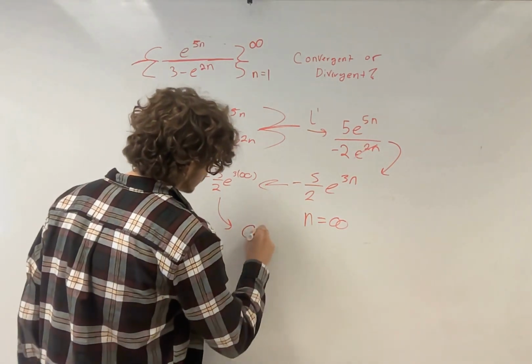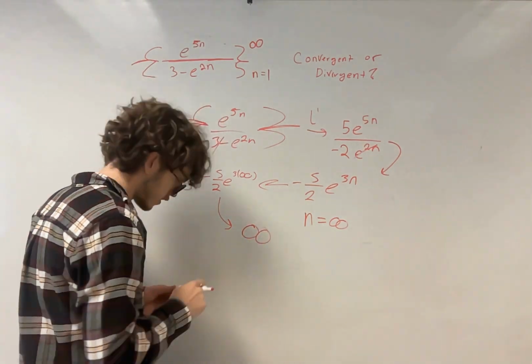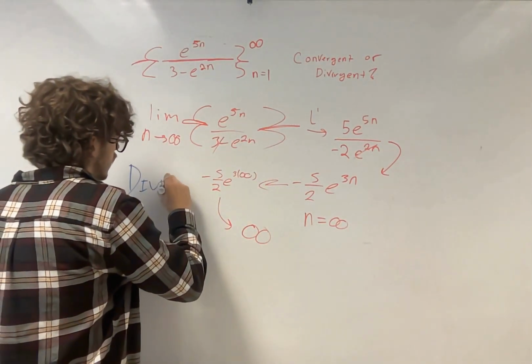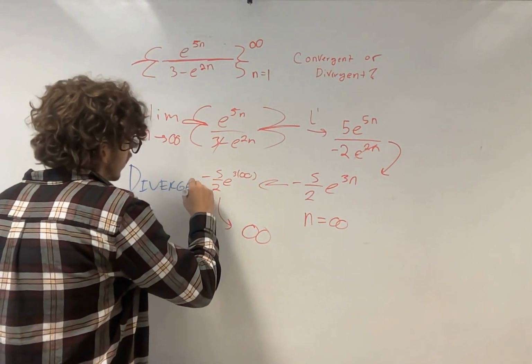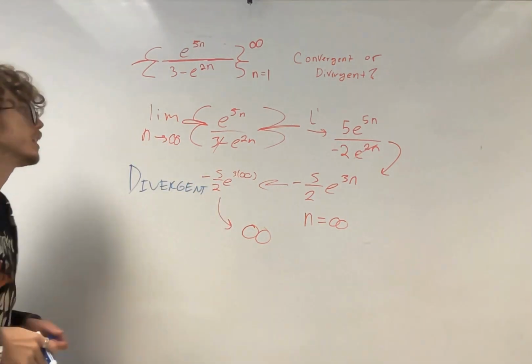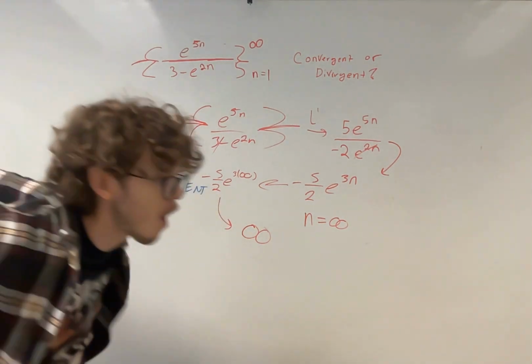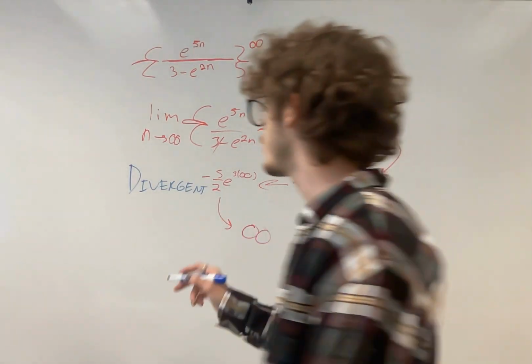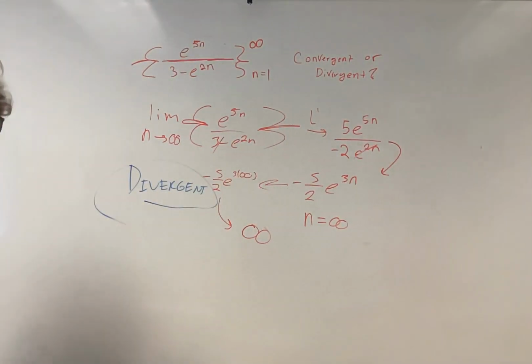So this value is infinity. It's divergent. Our sequence, no matter what we plug in, as we approach infinity, is just going to go up to infinity, diverging away, not converging to a single value.